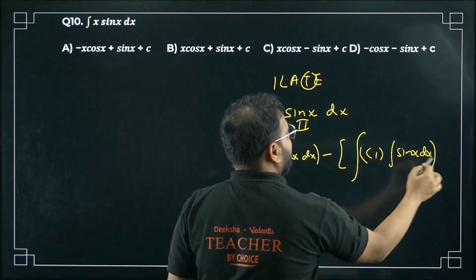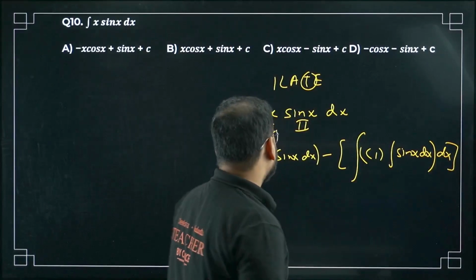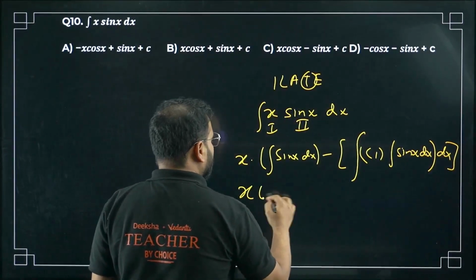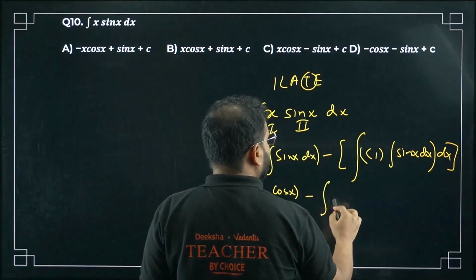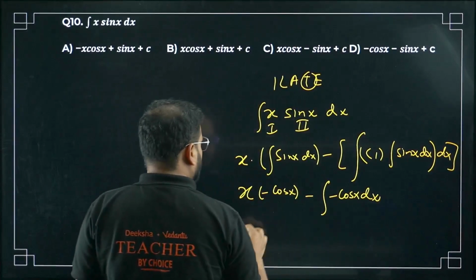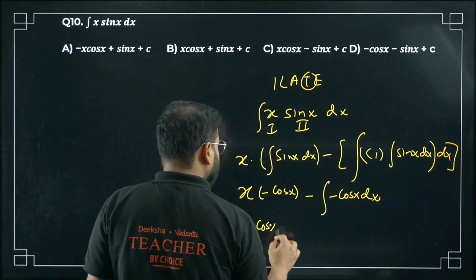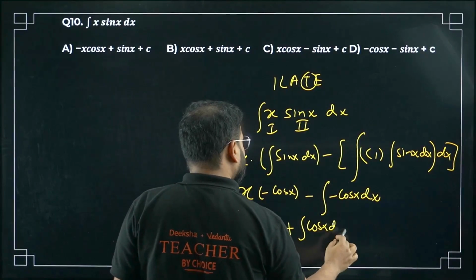There are two integrations over here. How much is that? x times of minus cos x, minus sign here, integration of minus cos x dx. What do I get now? Minus x cos x, minus is plus, integral of cos x dx.